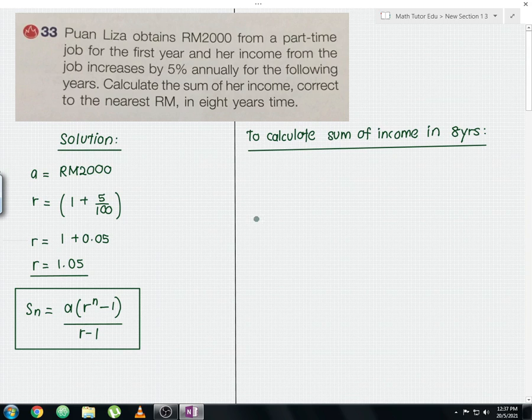So from here, S8 will be equal to 2000, and then in the bracket 1.05 to the power of 8, and then you minus 1, close bracket. Let me underline the fraction over here.